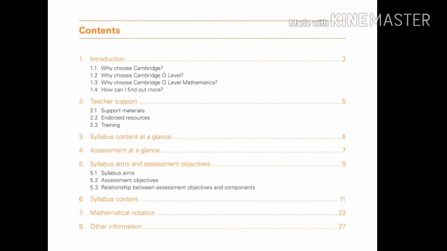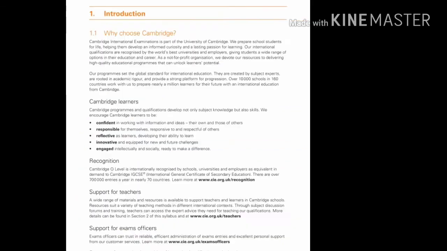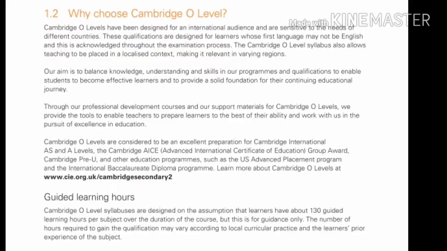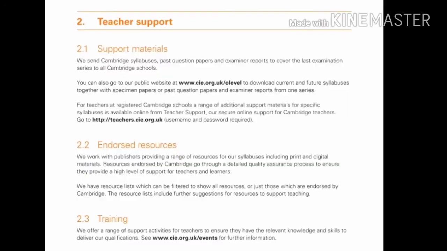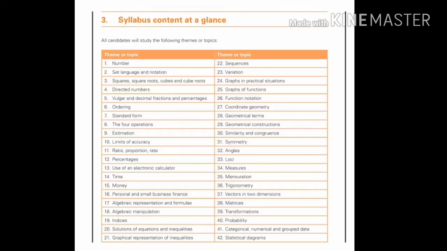The contents include the introduction, the teacher support, and the syllabus, all described in detail. You can see in the video all the important points that Cambridge wants you to understand about the teacher support and the syllabus.